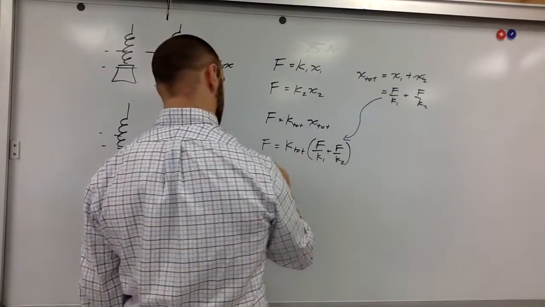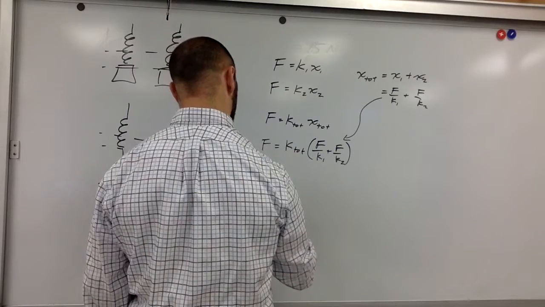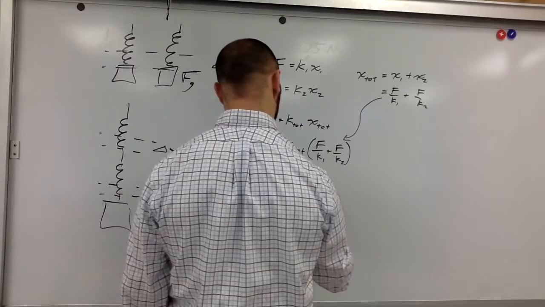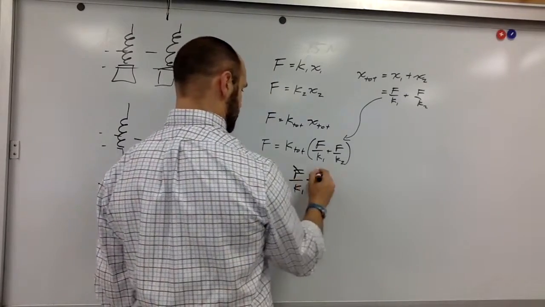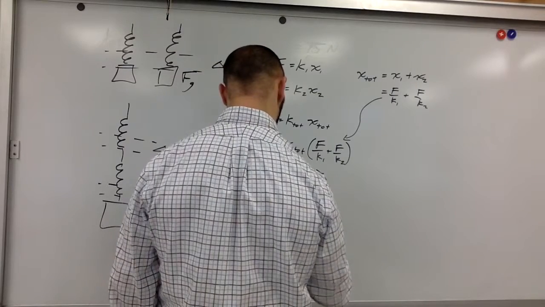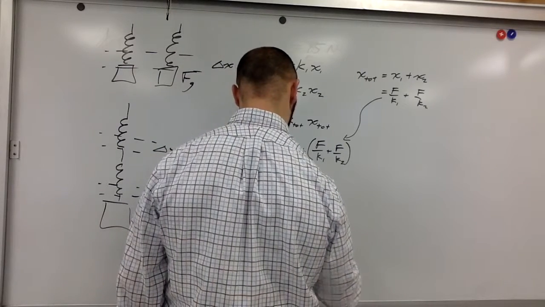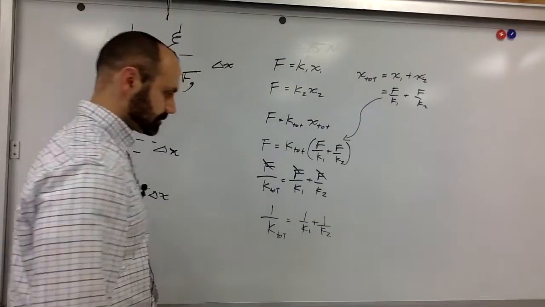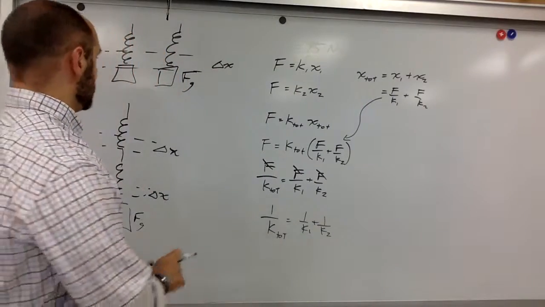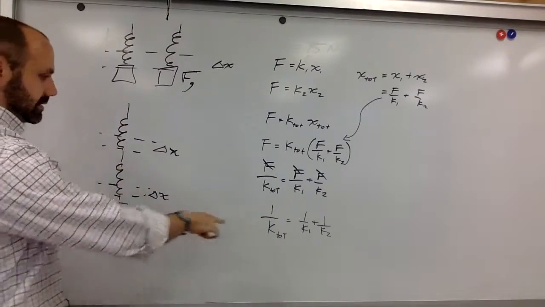And I divide this. F over K total equals F over K1 plus F over K2. And all my F's cancel out. So 1 over K total is 1 over K1 plus 1 over K2. So the way we find the effective spring constant when I have springs connected in series is like this.